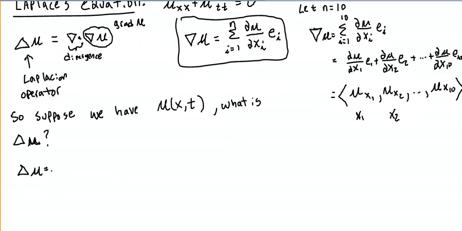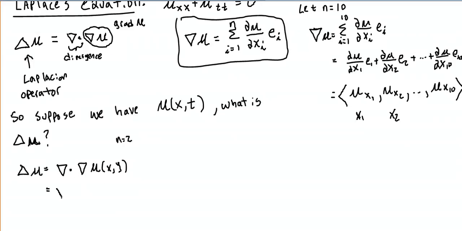So the Laplacian of u is the divergence of the gradient of a function u of x, y, which I said is really equal to the sum of the partials in the corresponding directions. So in this case we have how many independent variables? n equals 2, x and y.